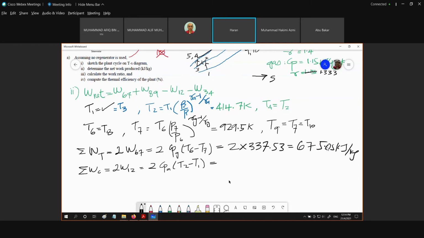Okay, and then for the compressor? For a single compressor, 112.04. For both, 224.07. Then we can get our W net.